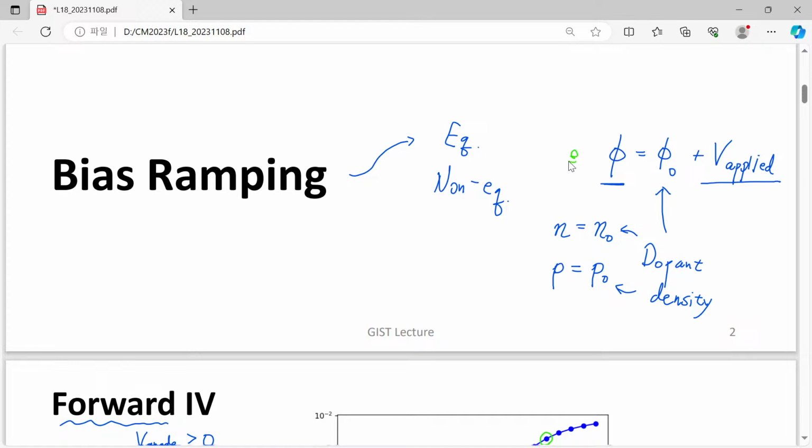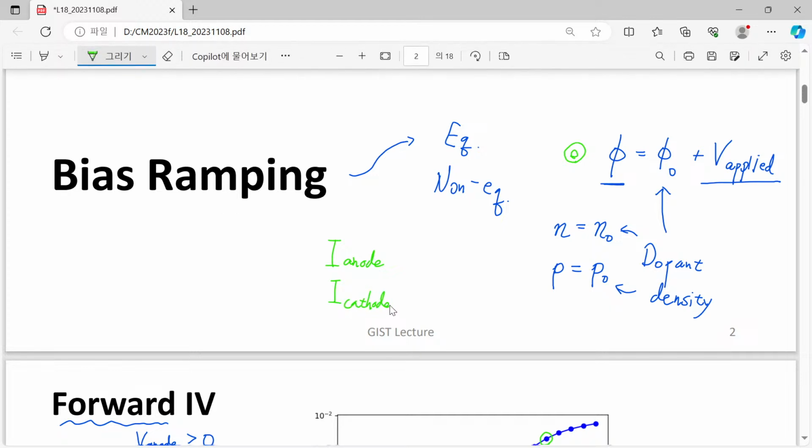Once you just change the bias ramping, or the boundary condition for your potential, you will get the converged solution. After that, you can calculate the anode current or cathode current.